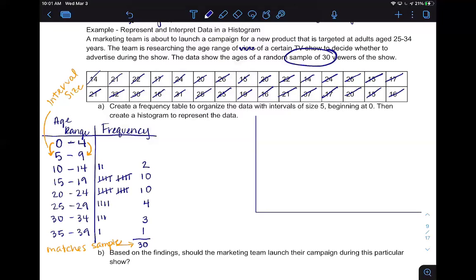All right, let's start with our y-axis. That's the easiest. So our frequency, what was our largest frequency? Careful, largest frequency? That's over here. 10. So we're going to need to go up to 10. So I'm going to go by 2s, but make a dash for every one.